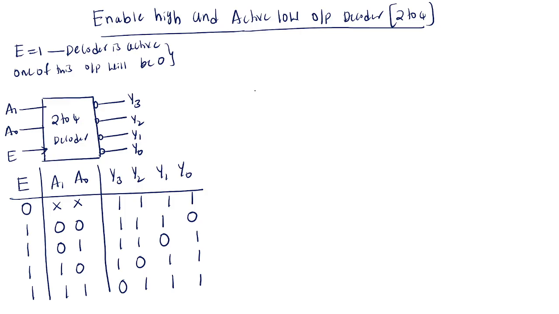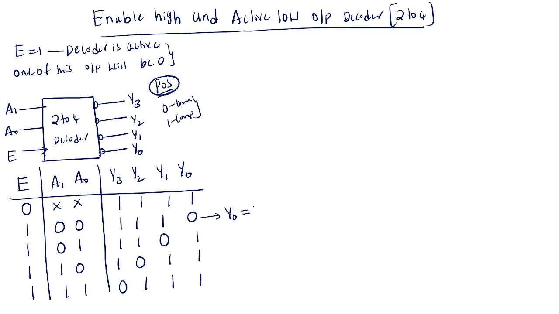If I want to get the logic expression, Y0 equals what? Actually I'm writing for POS. You remember, in POS you need to write for the maxterms: 0 is true form, 1 is complemented form.